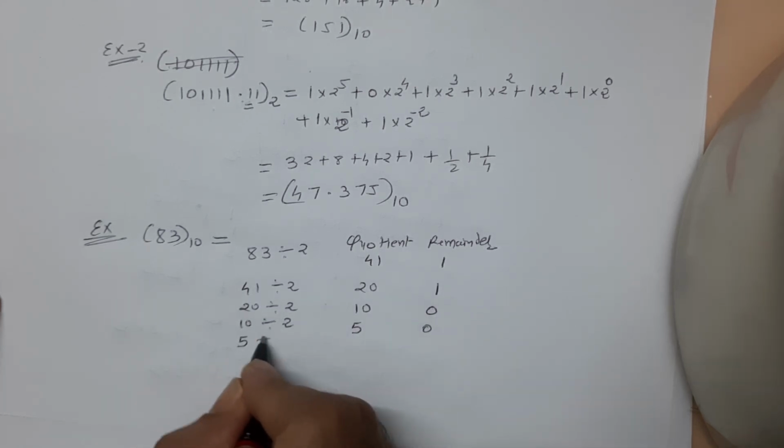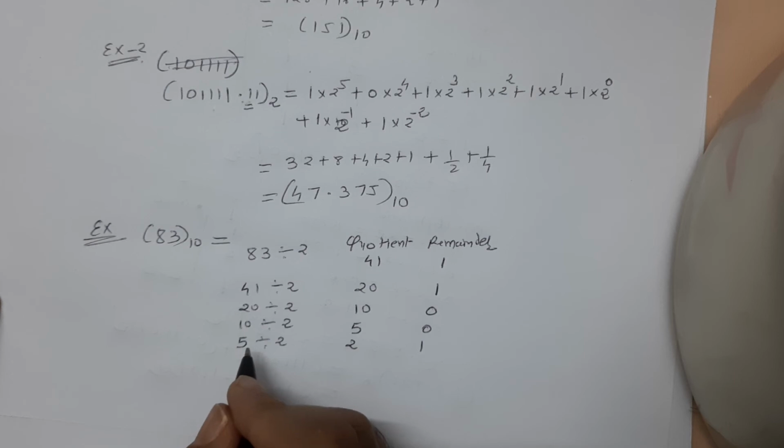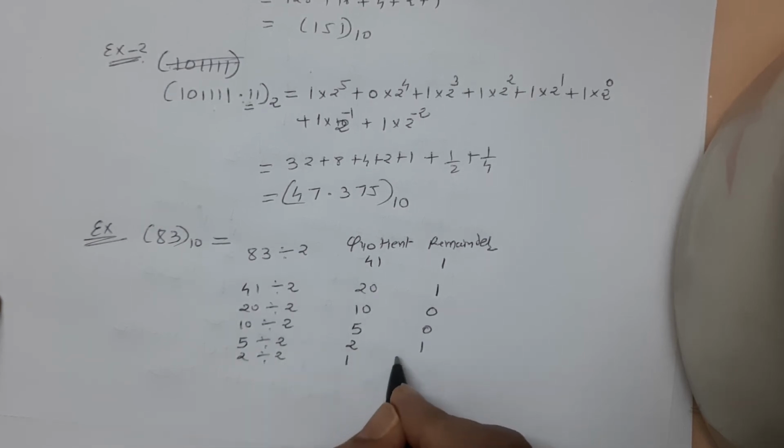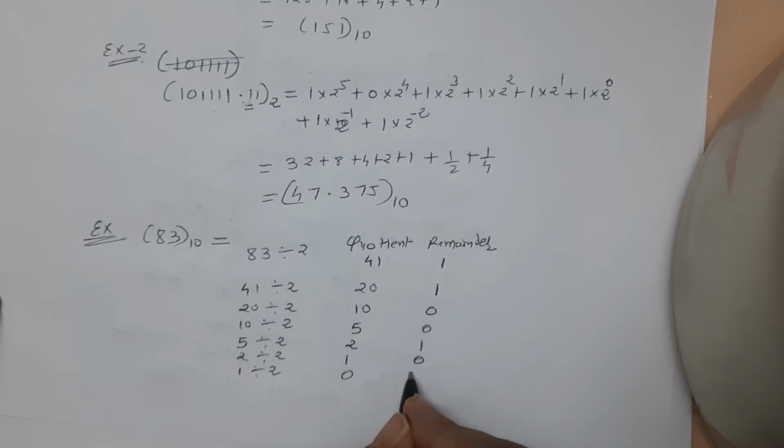5 divided by 2, 2 and 1. 2 divided by 2, 1 and 0. 1 divided by 2, 0 and 1.